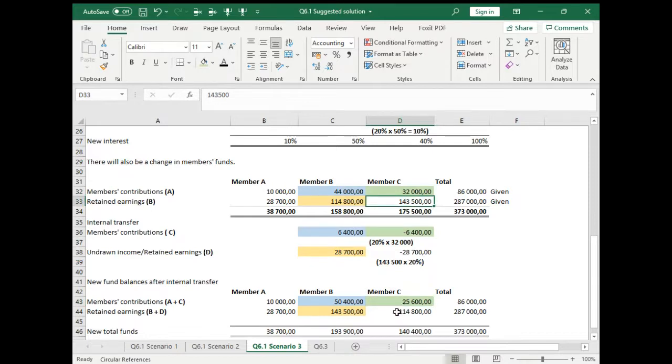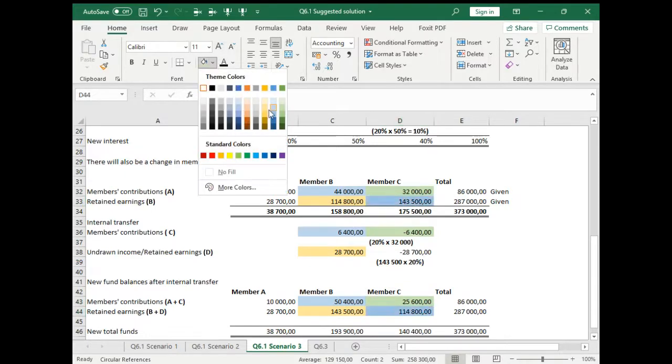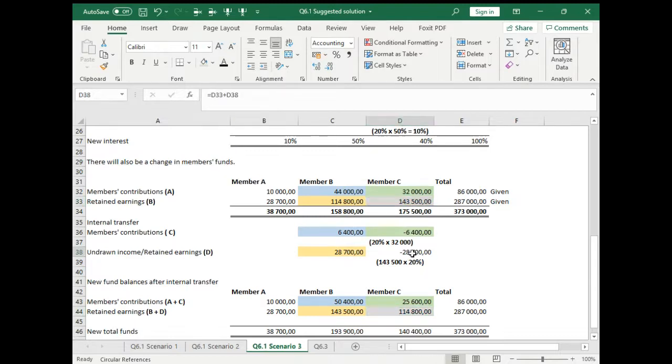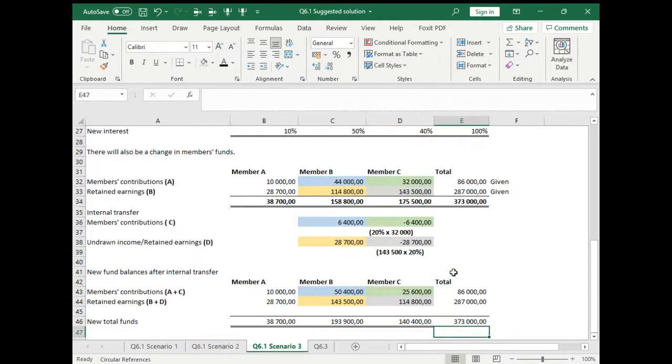And then their earnings, on the other hand, has also changed with the 28,700. And then initially, member C had a member's interest or member's fund of 175,500, but after the disposal, they only have 140,400 left over.